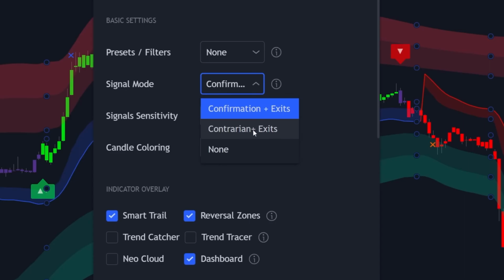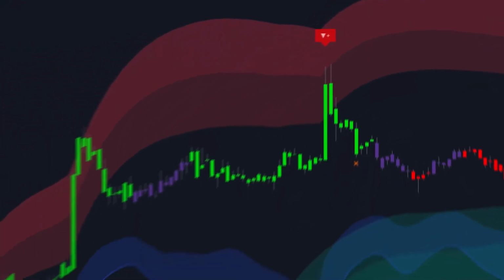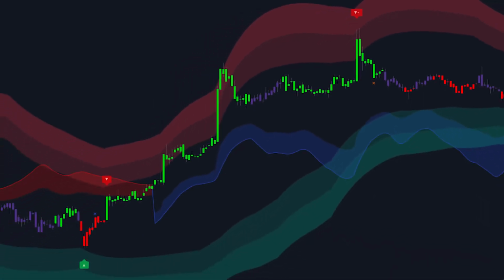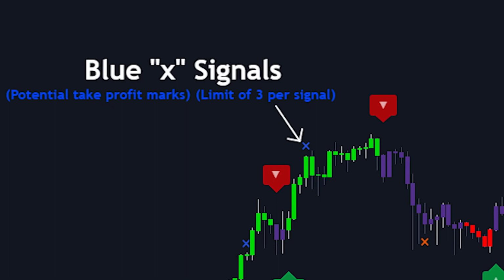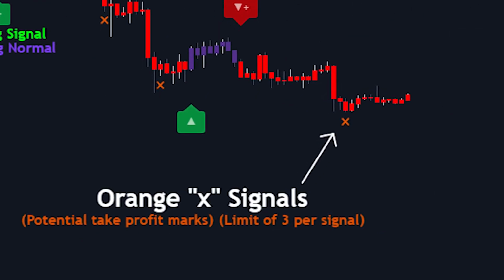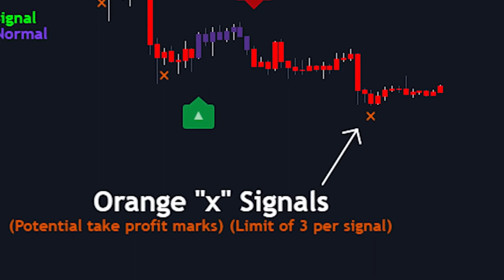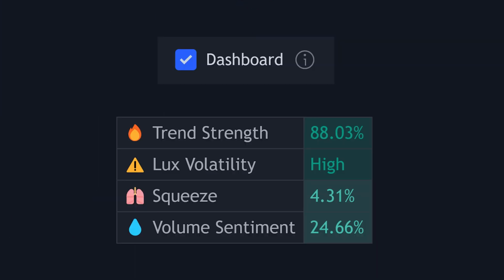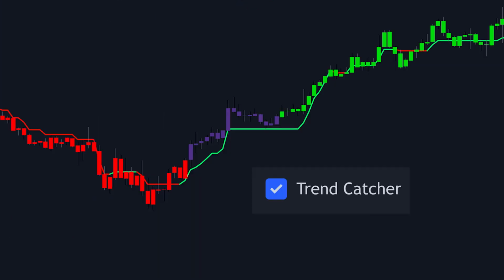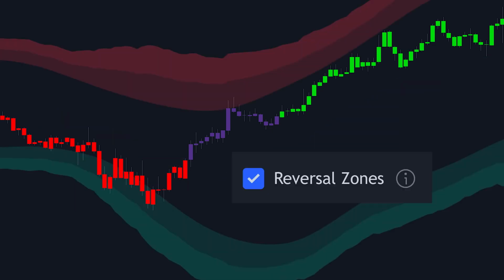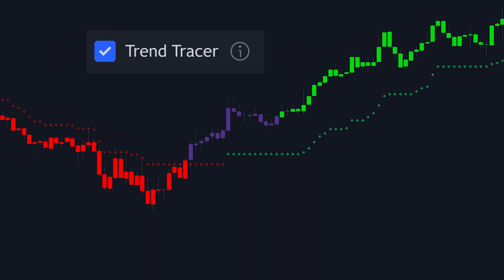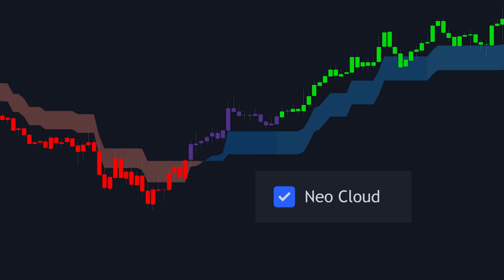Contrarian signals mode with normal and strong signals as well, also specifically designed to help traders who like to trade against the trend or spot reversals. Exit signals marked as blue and orange X marks that apply for both confirmation and contrarian signals to suggest potential take profit points. And 6+ indicator overlays to help you visualize trends, find reversal points, and get dynamic areas of support and resistance.